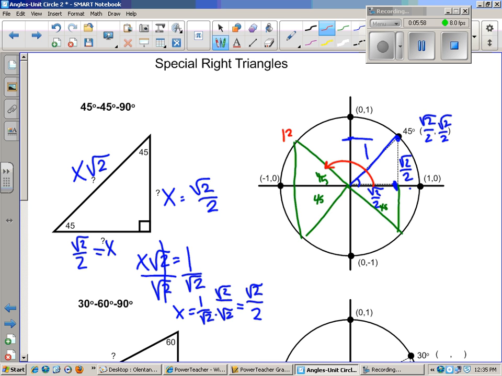So this is 135 degrees. Okay? And from standard position to there is 180 plus 45, which is 225. And then standard position to there would be 45 short of 360, which is 315.